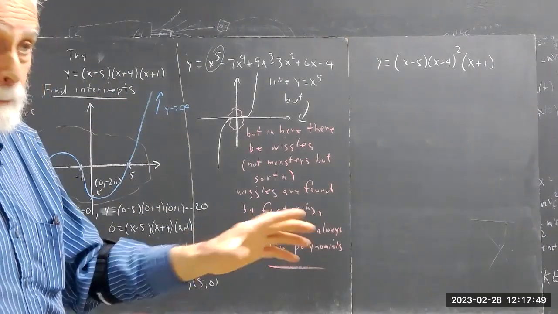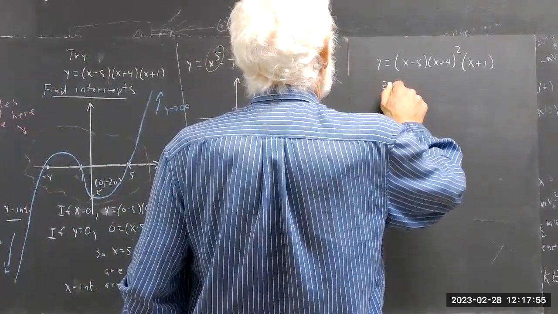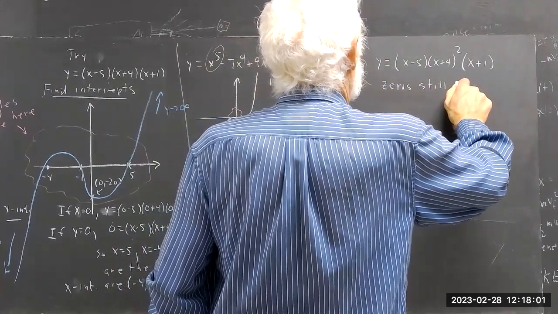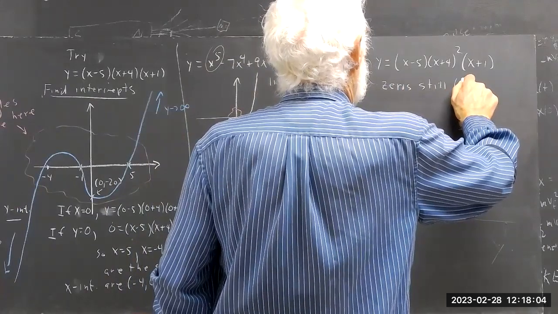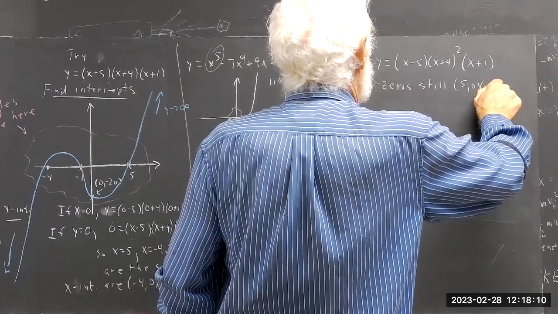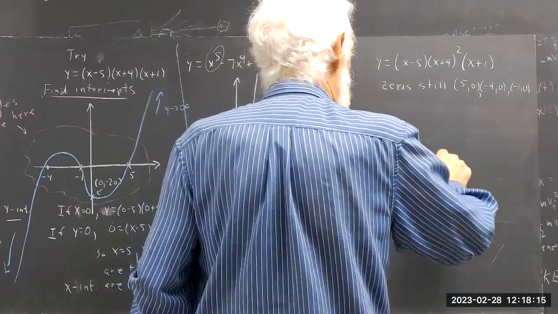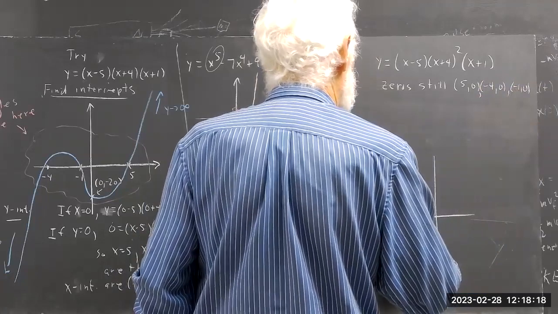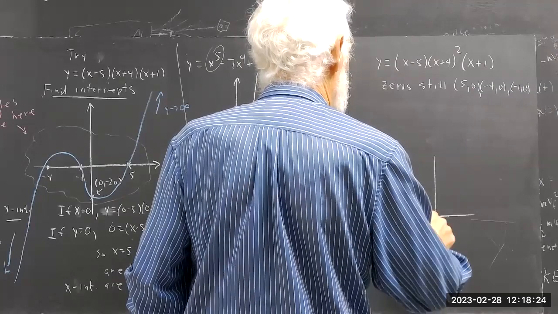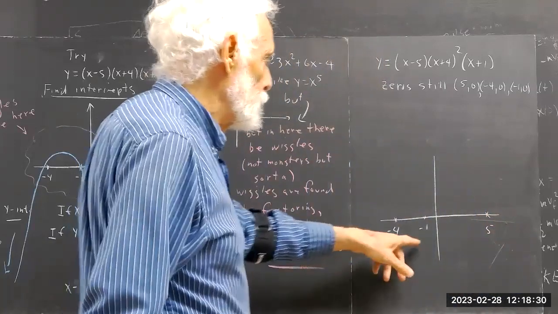Same factors, so the zeros are still the same as they were. So I've got zeros at -4, -1, and 5.